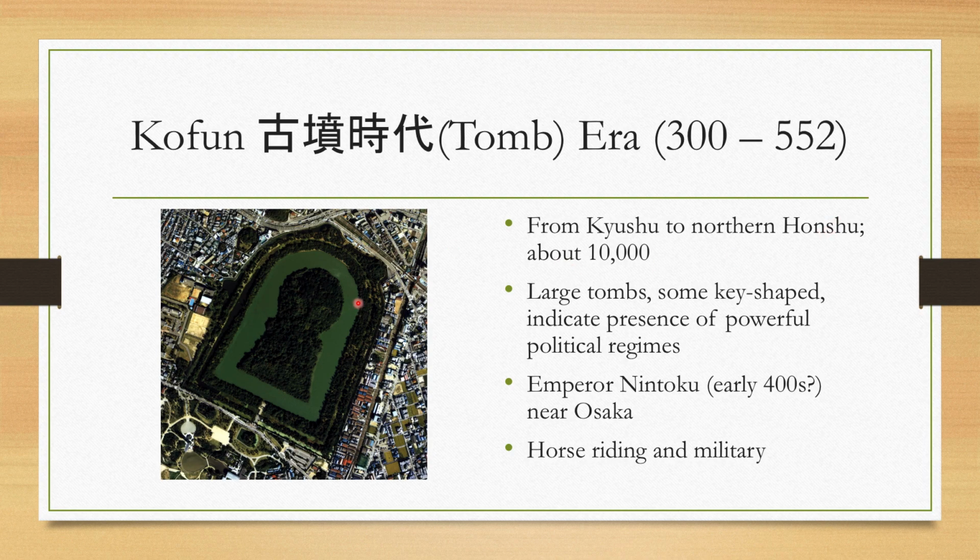There are about 10,000 of them, and they're sometimes called keyhole-shaped tombs in English, because the shape looks kind of like a keyhole. And these indicated the presence of very powerful political regimes. To give an indication of how powerful, the largest of these, belonging to Emperor Nintoku near Osaka, is one of the largest tombs in the world.